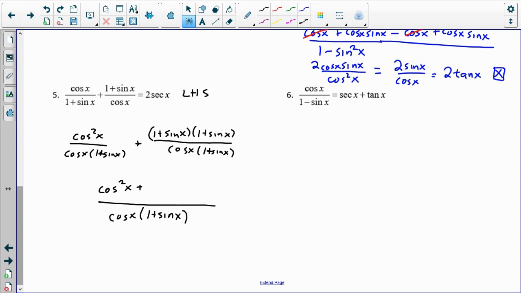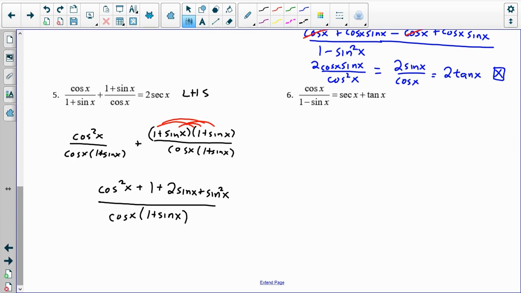And now I will distribute that right term. So I end up with 1 plus sine x plus sine x. That ends up being 2 sine x. And then sine times sine is sine squared. Okay, a couple more things that I have to manipulate.